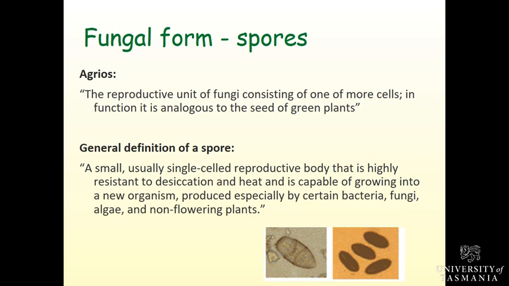And again, a definition: a small, usually single-celled, but not always, sometimes multi-celled, reproductive body that's highly resistant to desiccation. So it's a survival structure. So it's, once again, very much like plant seeds. Plants grow quite happily. They produce seed to, one, disseminate, but also to survive. So they produce a seed that will overwinter, that will then germinate and start a new organism again.